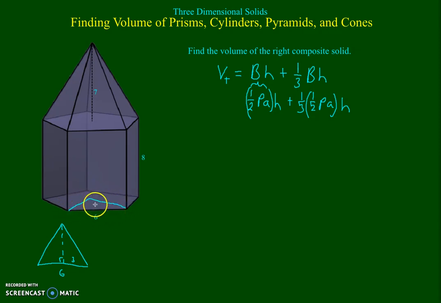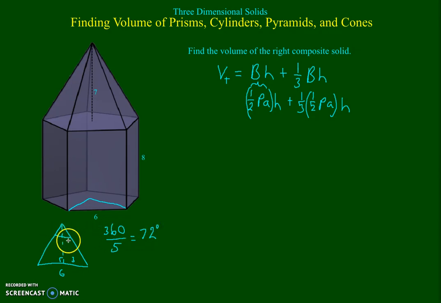That means there's 5 triangles, so 5 central angles. So we have 360, the total number of degrees in a circle, divided by 5 central angles. That gives us 72 degrees.